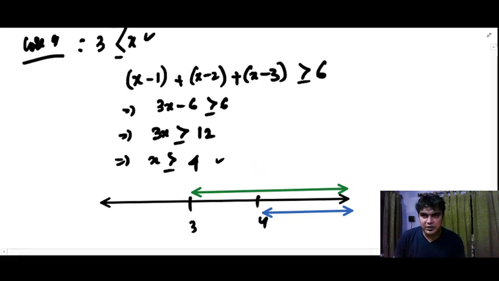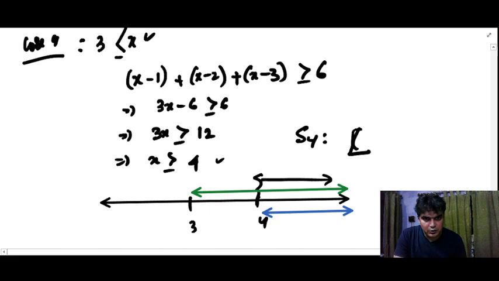This particular region, x greater than or equal to 4 to infinity, is the common portion for these two inequalities, right? So the solution set here is 4 inclusive, because greater than or equal to 4 is there, and plus infinity.